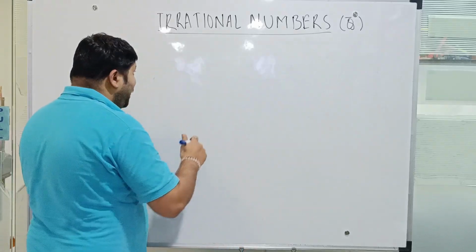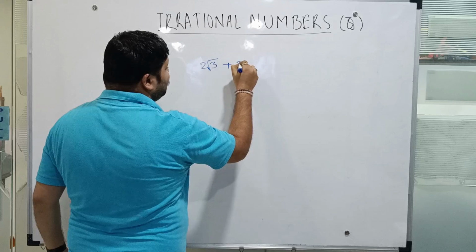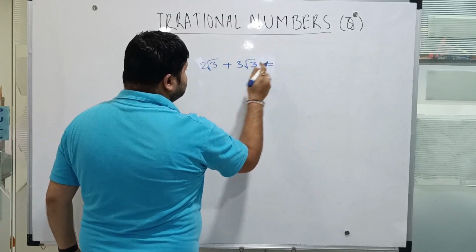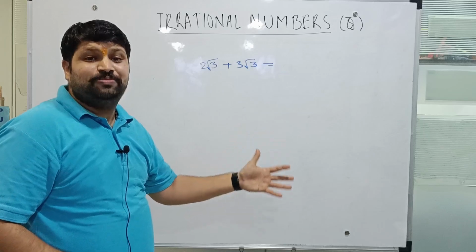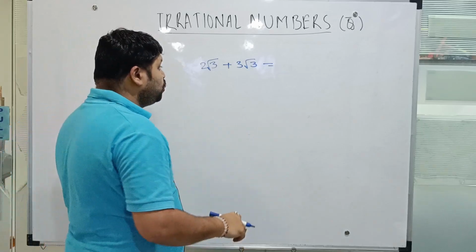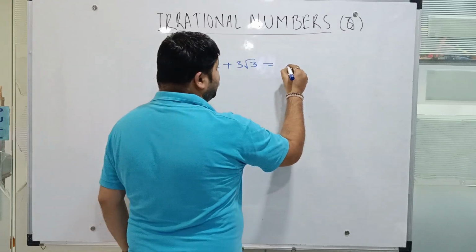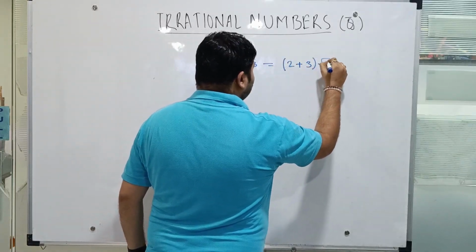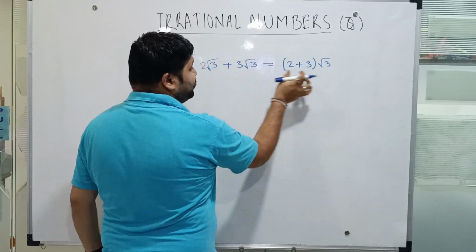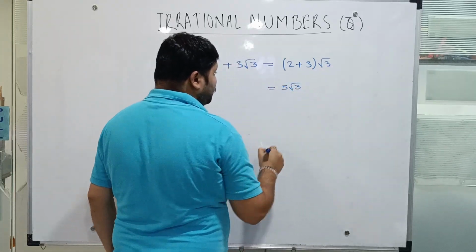So I can add 2 root 3 plus 3 root 3. Since we have a root 3 here and a root 3 here, I can add or subtract them. So it's the square root of 3 and the square root of 3. I would be taking it as 2 plus 3 multiplied by root 3. I've taken root 3 common outside, giving me 5 root 3.